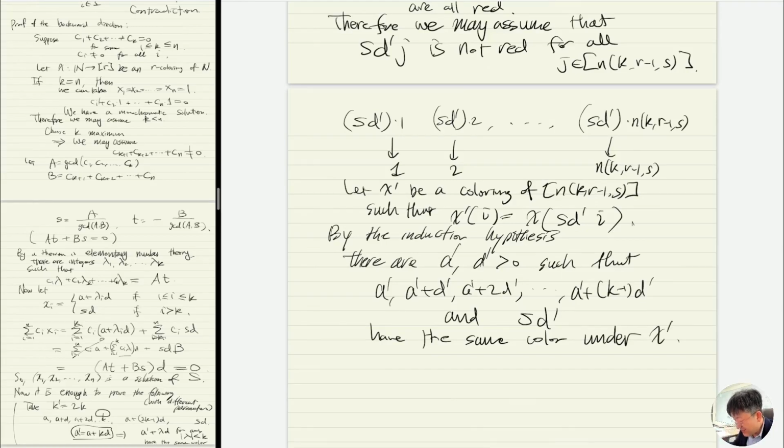Because chi prime only has r minus 1 colors. None of them is red.